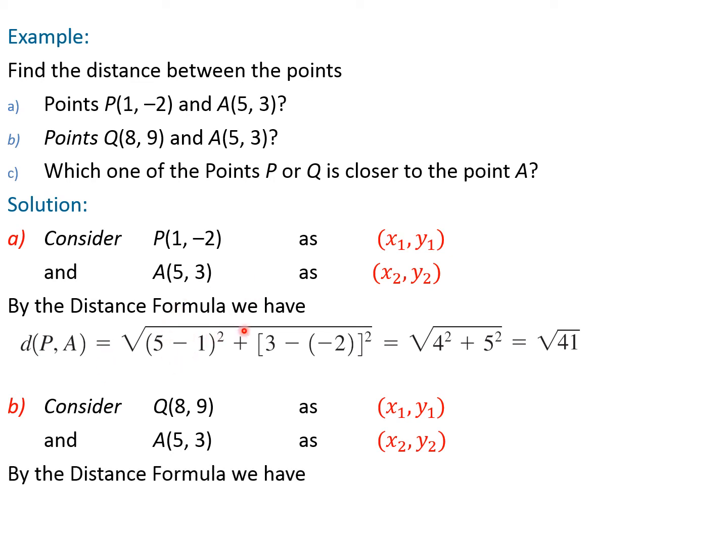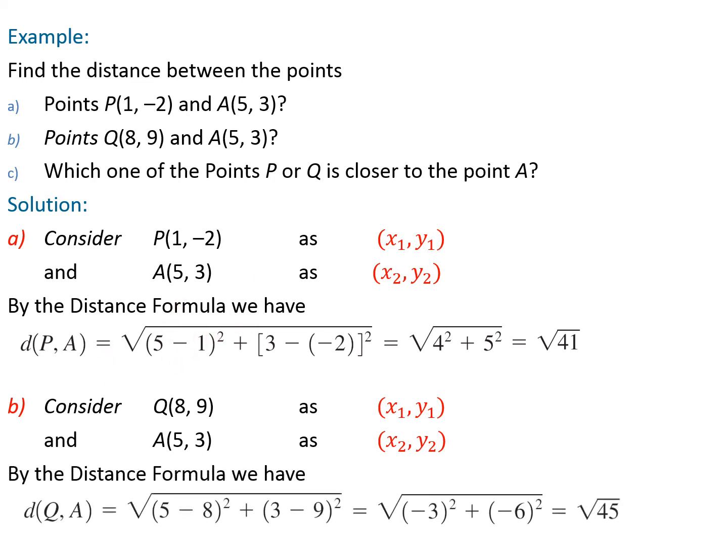Again, use the same distance formula. Replace the values of x2 and x1, y2 and y1 and simplify this. You will get root 45. The last part, C, is for you to figure out. What do you think? Which one is closer, P or Q?